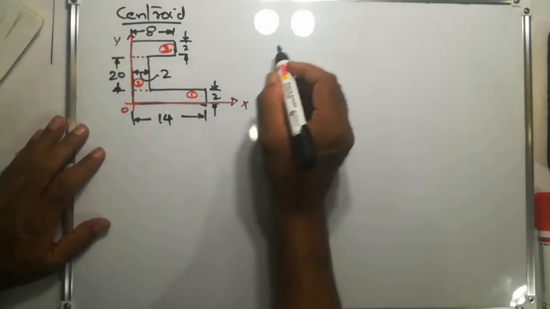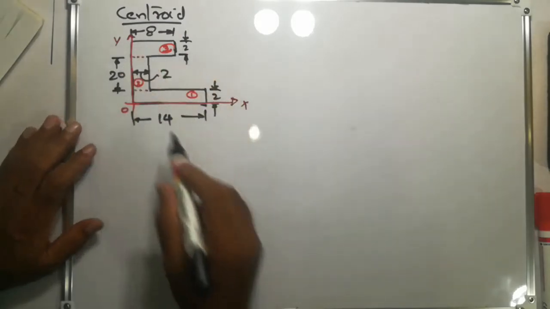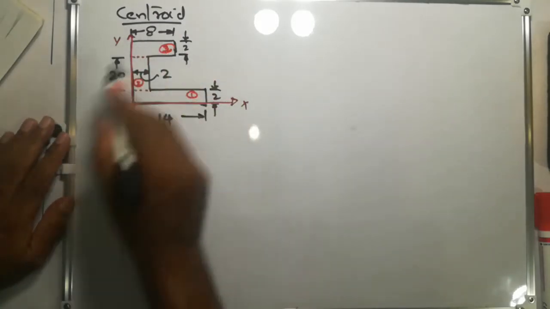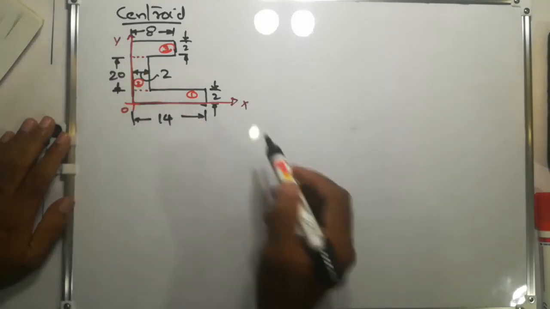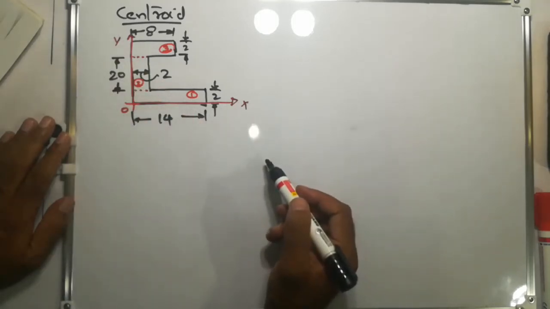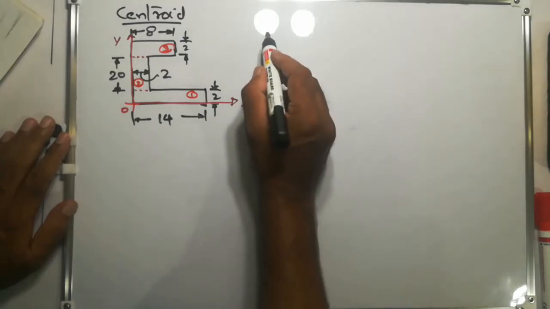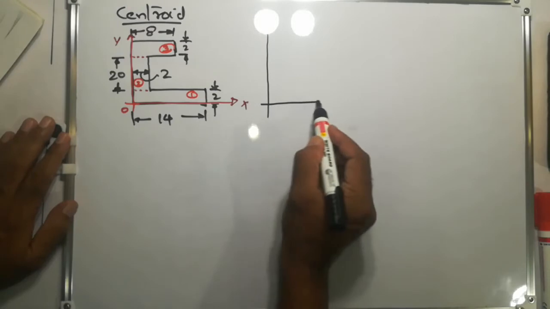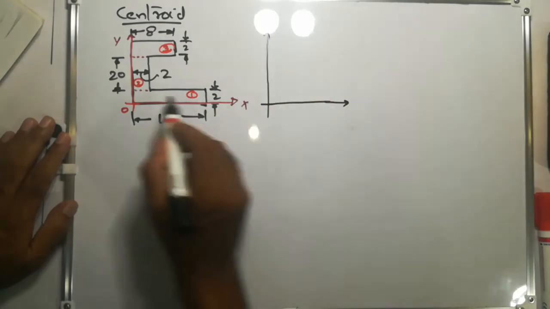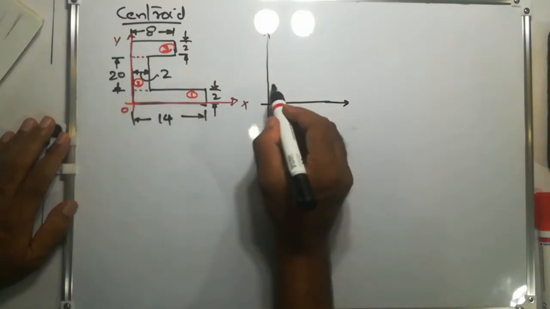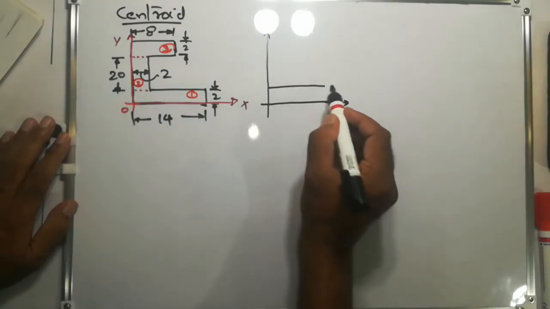Now we will see the centroidal distances of each standard shape, that is rectangles, from this reference axis. For that, I am going to draw the same reference axis again here, and I am going to draw the first rectangle.